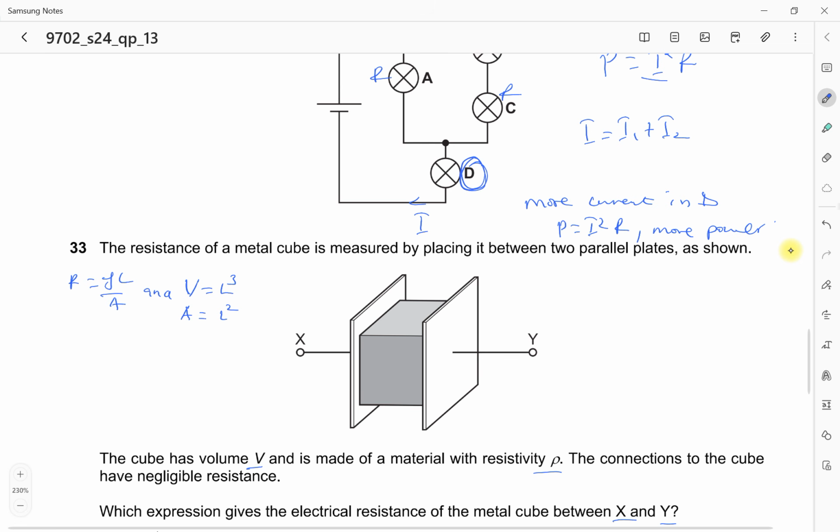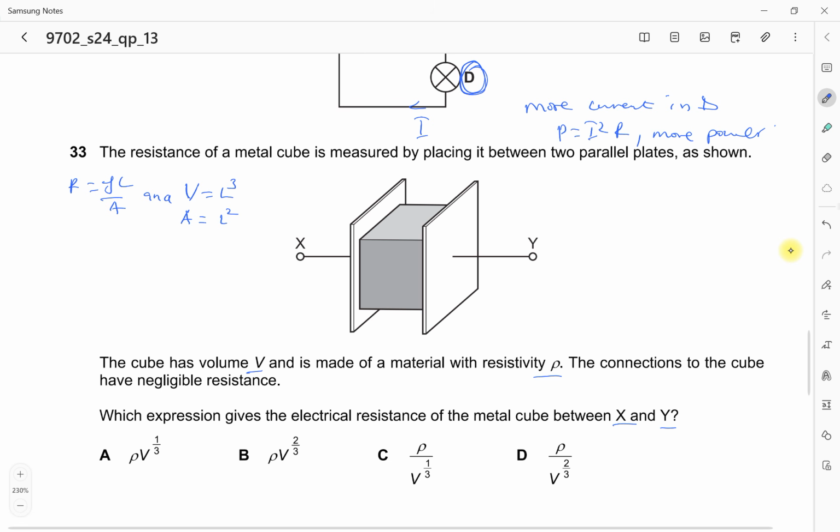Because the answers given here don't have L and they don't have A, I'm going to remove A and remove L. So I'm going to substitute: where there is L, it is equal to V to the power 1 over 3, that is the cube root.